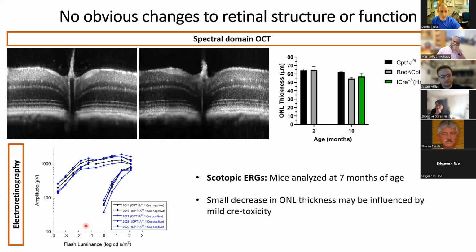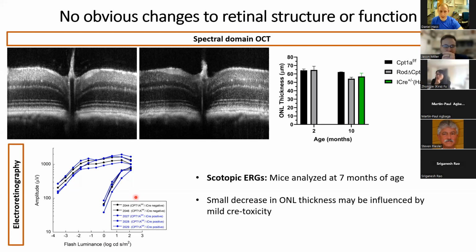And if you look at ERGs, these are dark adapted, and you increase the intensity, basically the curves overlap for the controls and the CPT1A knockouts. This was at 7 months of age.